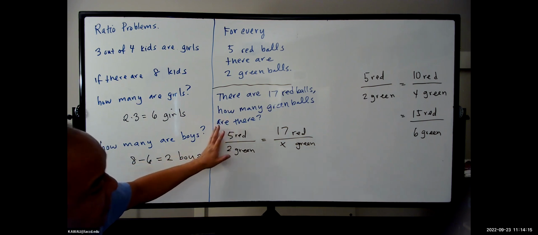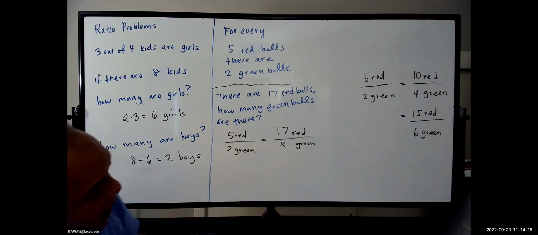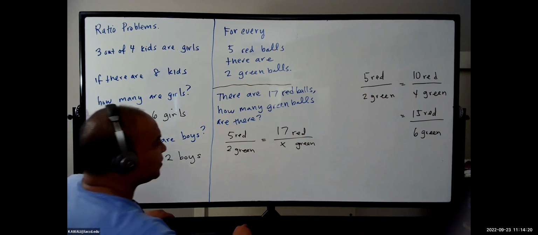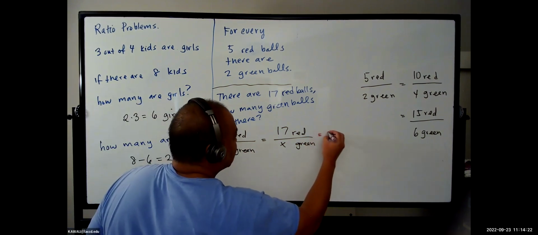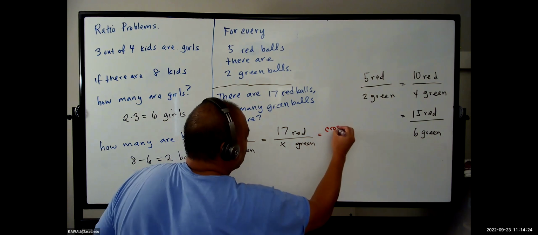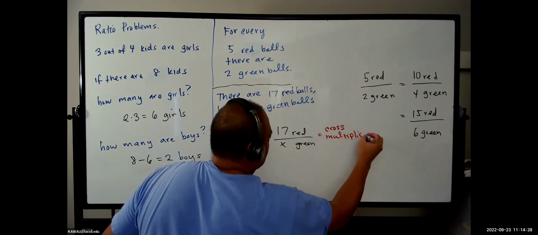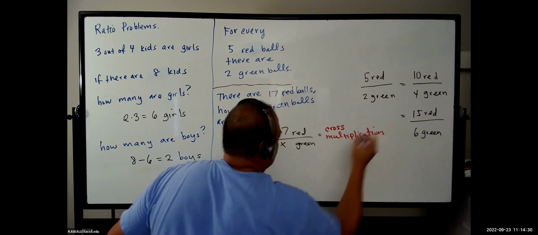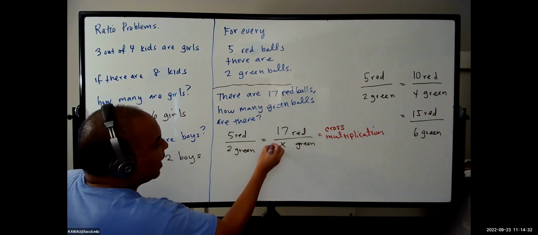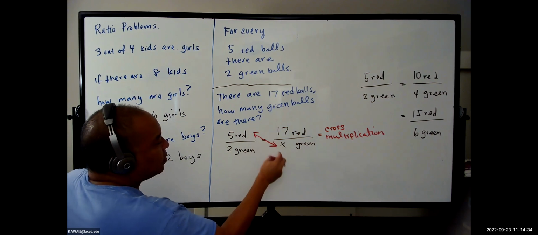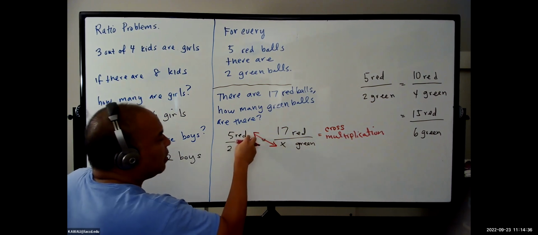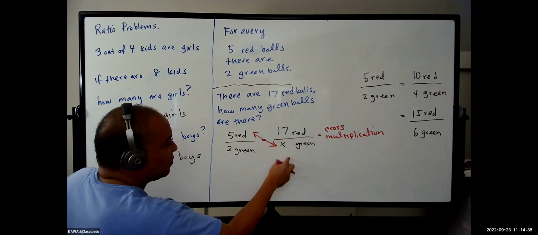When we have a fraction equal to a fraction, a fast way of solving this is what's called cross multiplication. Meaning that in this diagonal, I can bring the X up here and the 5 down here.